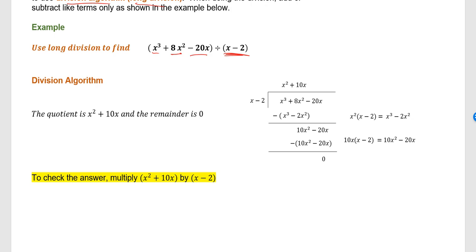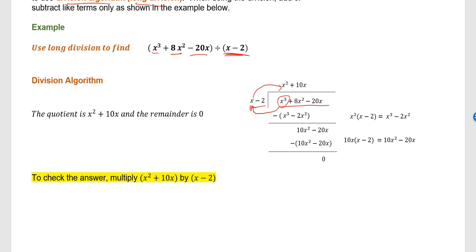Okay, so we can write it out like this in a long division form. And the way the algorithm progresses is it's basically cyclical, right? Start with the first term of the big expression. Take this first term, divide by this first term, and you're going to get something.